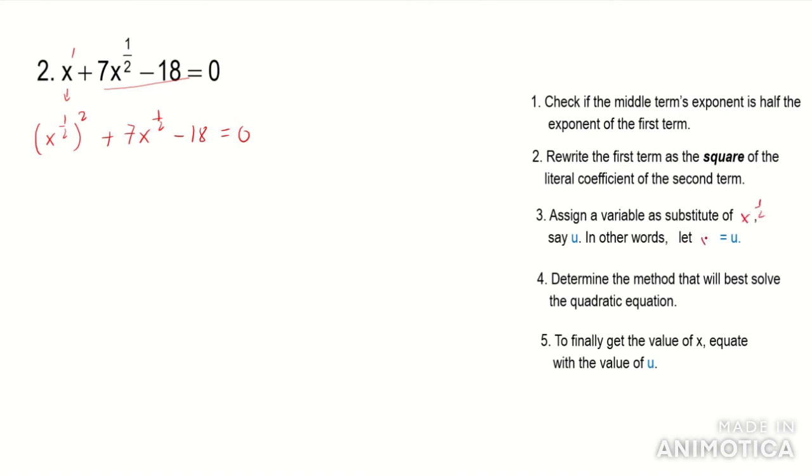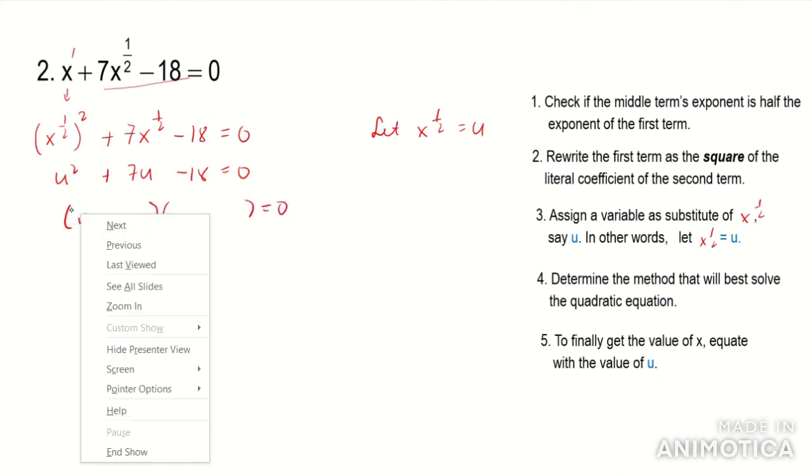Okay, so we have x raised to 1/2 here. So we let x raised to 1/2 equals u. Then we have u squared plus 7 times u minus 18 equals 0. Okay. Then, this can be factored. So, the factors are u times u.